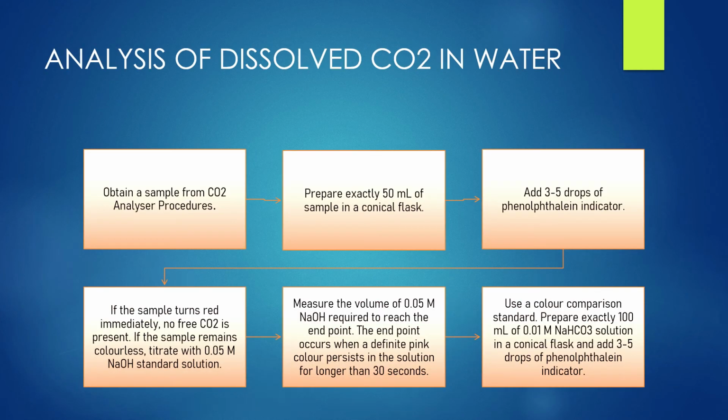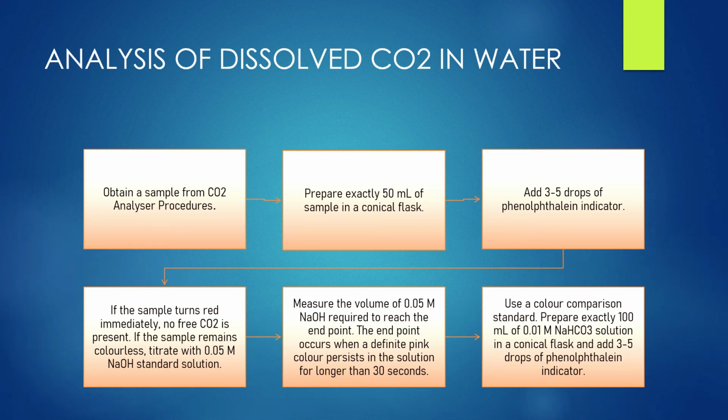Analysis of dissolved CO2 in water. First, obtain a sample from the liquid sampling procedure. Prepare exactly 50 ml of sample in a conical flask. Add 3 to 5 drops of phenolphthalein indicator. If the sample turns red immediately, no free CO2 is present. If the sample remains colorless, titrate with 0.05 M NaOH standard solution.